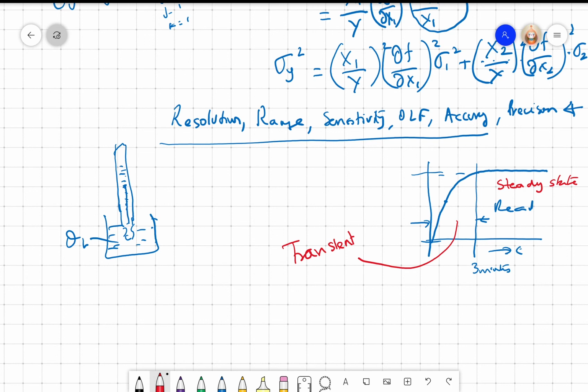So these characteristics do not really come here. This is something different. So we call this static characteristics. That doesn't change. Here the value changes. We call this dynamic response, and a transducer will definitely possess different types of static characteristics and different types of dynamic response.